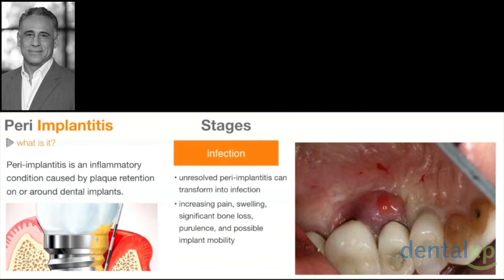The next stage is where an infection can occur. This is an unresolved peri-implantitis, which can transform into a full infection. There is increase in pain, swelling, and significant loss of bone and attachment. Generally, we might notice purulence, and of course, possible implant mobility at this point.